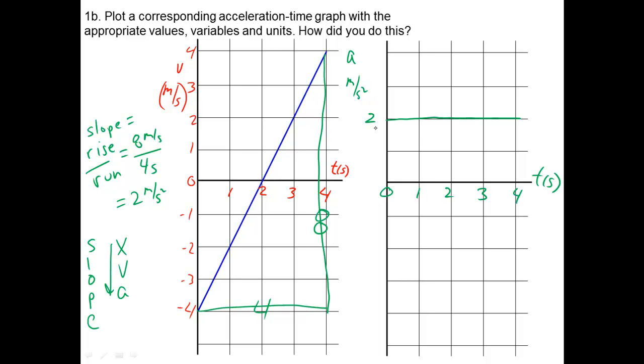So we've got an acceleration of 2 meters per second squared from 0 to 4 seconds because the slope of my velocity time graph tells me that I've got a constant 2 meter per second squared acceleration.